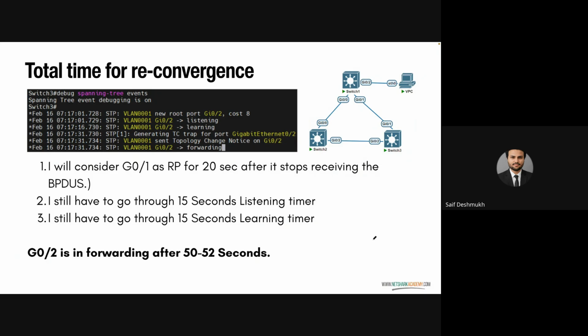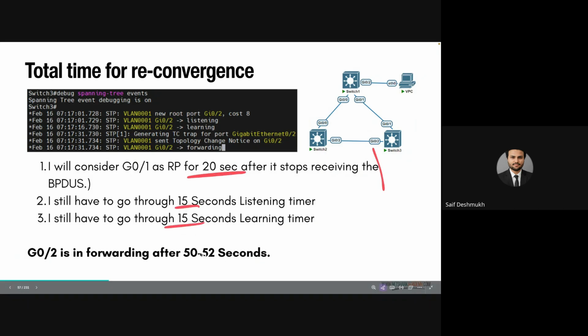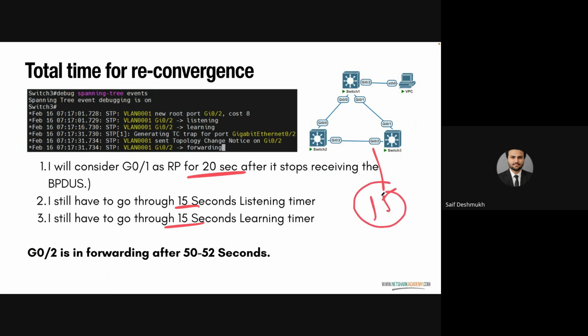So what was the total convergence time? Because this interface was in the blocking state, max age timer is 20 seconds, listening is 15, learning is 15, plus 15 seconds for the stale entry. The total convergence here is 50 seconds.